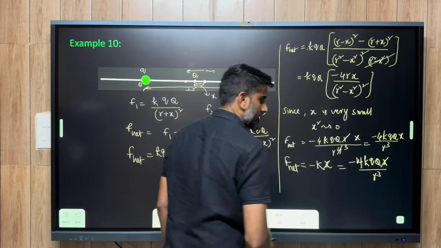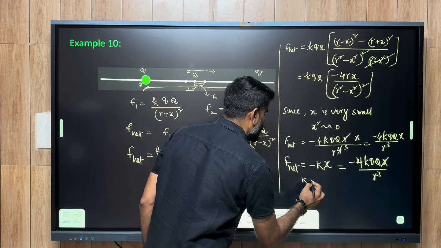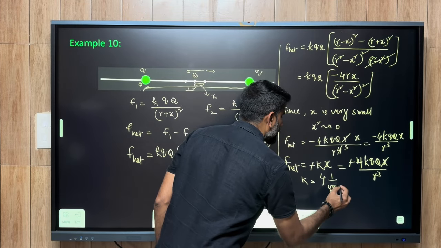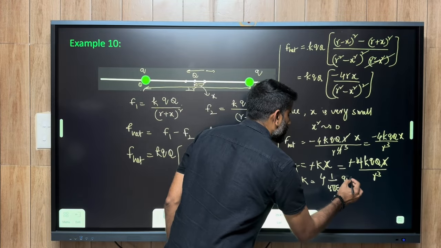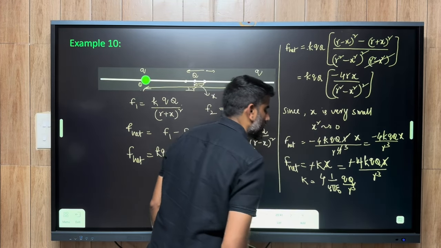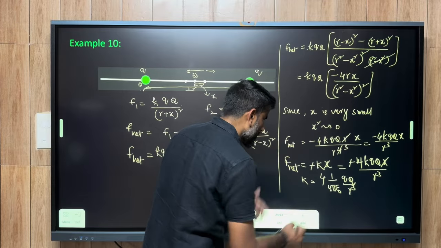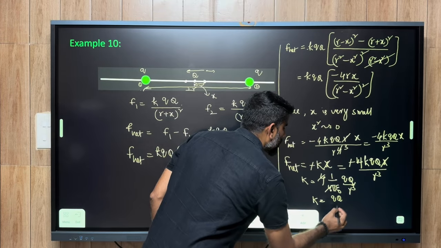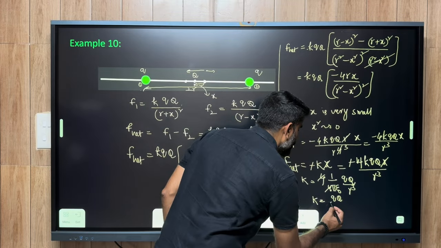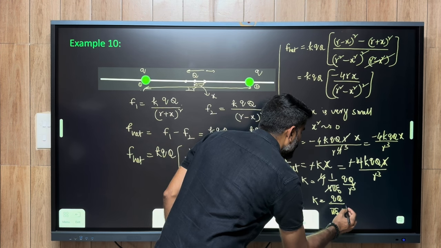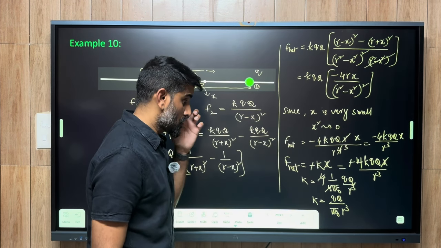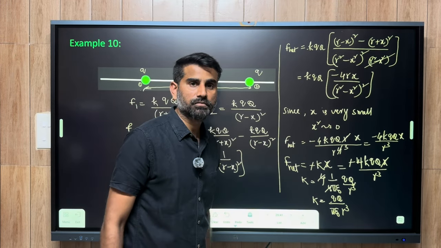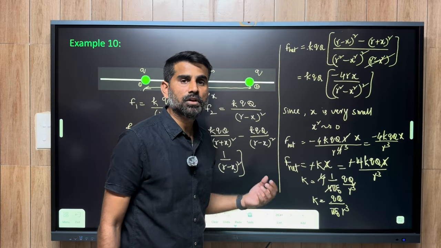Cancelling the minus and x, I get k is equal to 4, and this capital K is nothing but 1 by 4 pi epsilon naught, times q Q by r cube. Now 4 and 4 will get cancelled. This k is equal to q Q by pi epsilon naught r cube. We have got the harmonic constant, the SHM constant.